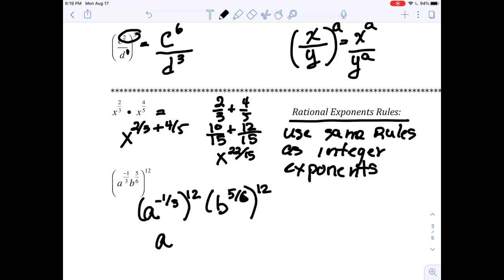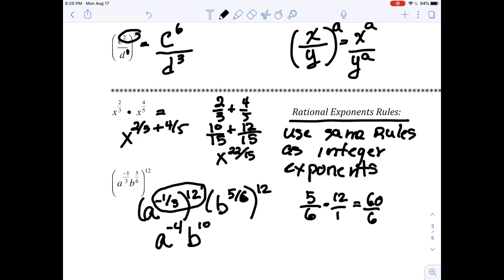So that's going to be a raised to the negative 1/3 times 12. So again, I encourage you to get your calculator out. 12 times negative 1/3 is negative 4. 5/6 times 12, and again, if you don't have your calculator, what the heck's that going to look like? 5/6 times 12 over 1 is going to be 60 over 6, which is 10. So that would be b to the 10.